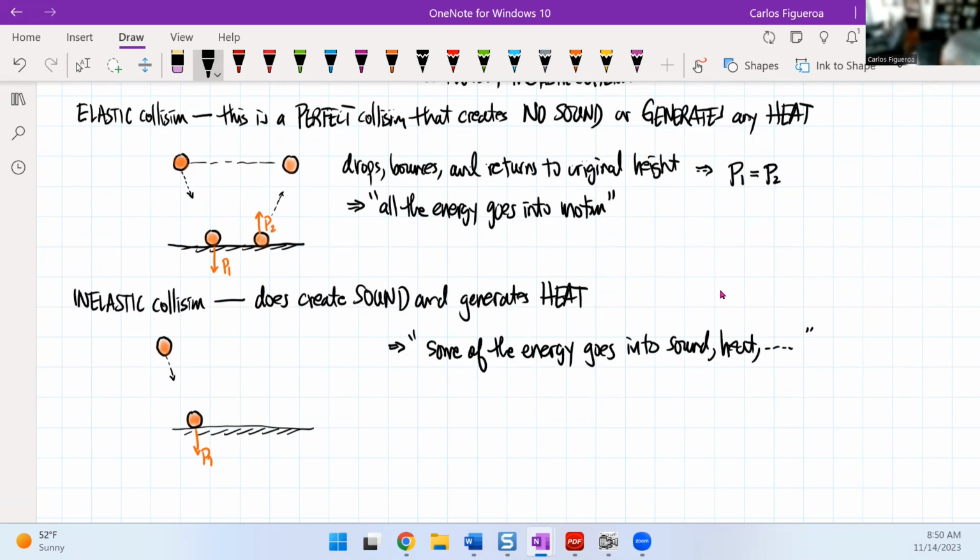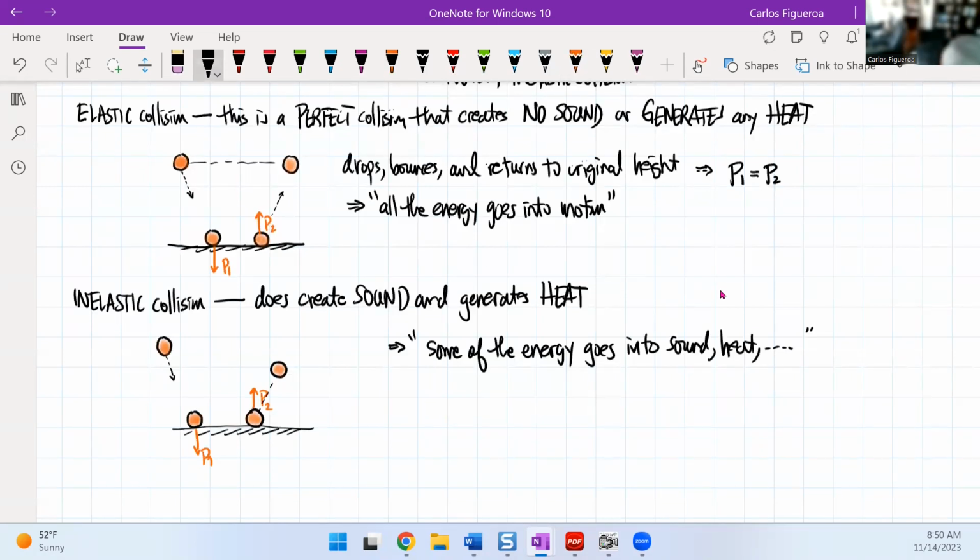But in this situation, there is momentum transfer elsewhere. In other words, these momentums are not the same anymore.